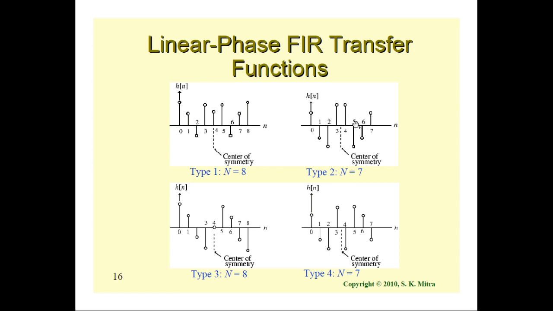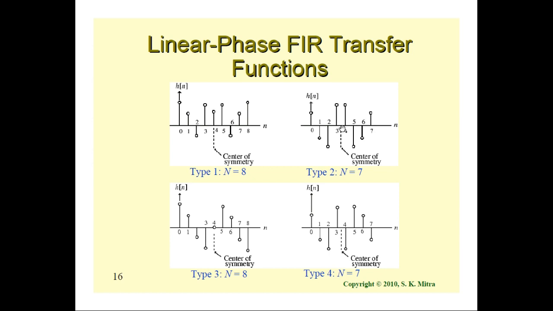In the case of type 2 linear phase FIR transfer function, the length is even and the order of the response is odd. Therefore, we can imagine the center of symmetry at N by 2, which is 3.5. However, the x-axis can only have integer values, so we can only imagine that the center of symmetry lies here. Physically, it is not any value in this case.